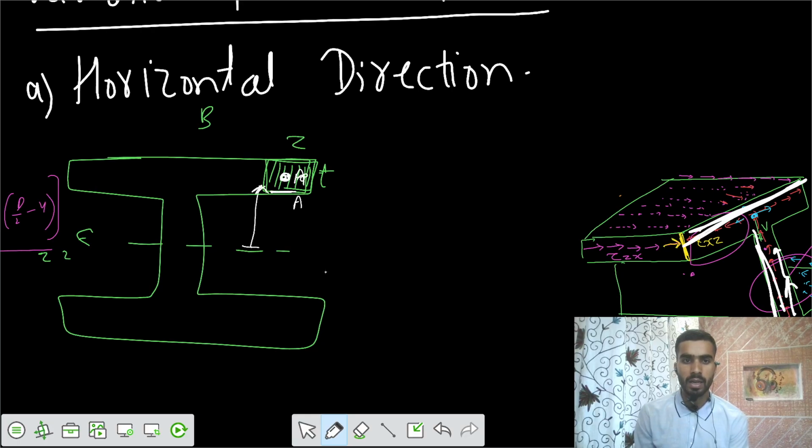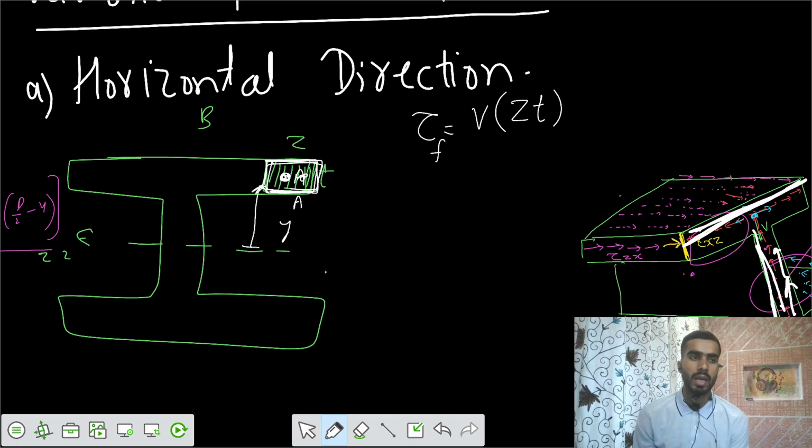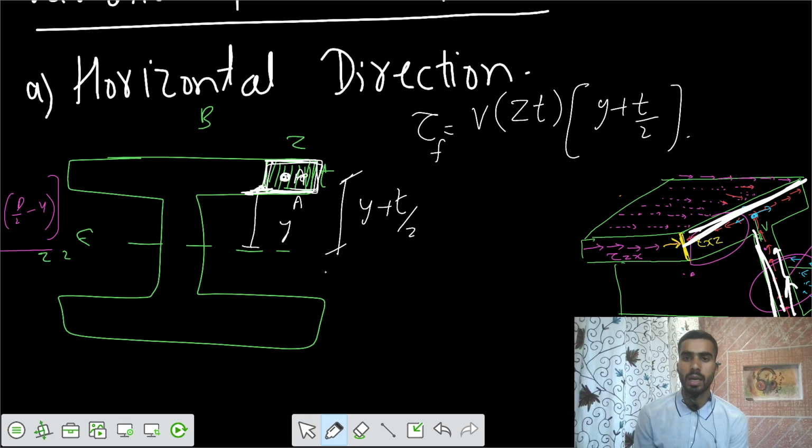So the shear stress in the flange equals V A y bar, where A equals z into t, and the value of y bar equals y plus t by 2, divided by I into the width.